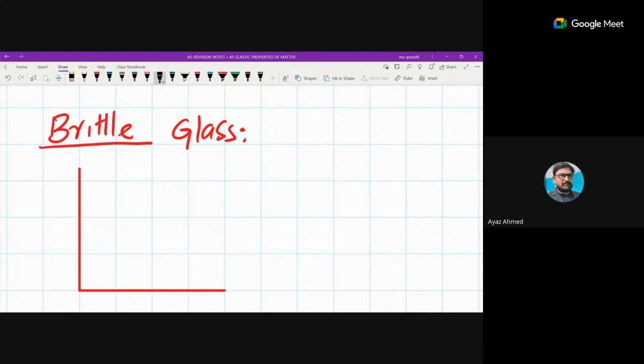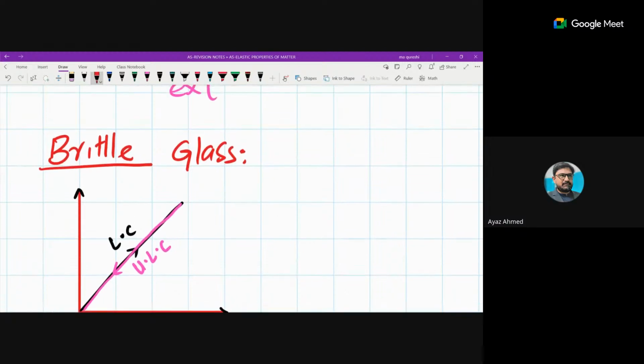It does not perform any type of extension. So this is its loading curve, and the same is its unloading curve. This one. Right, got it? This is its unloading curve.